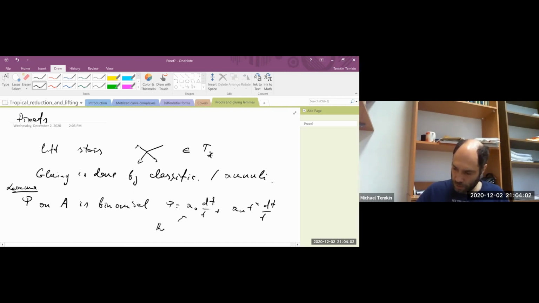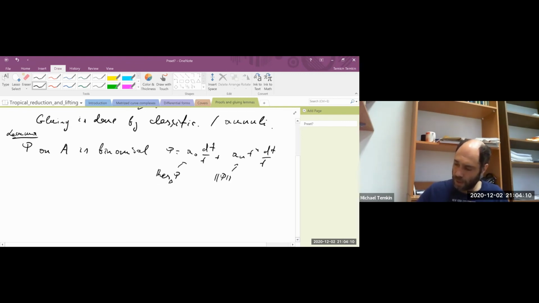This a0 is the residue on A, and this is determined by the absolute value of phi, as we discussed. At least n and the absolute value of an are determined by this. So there exists, for some coordinate t on A.